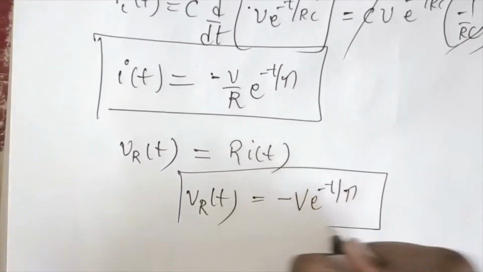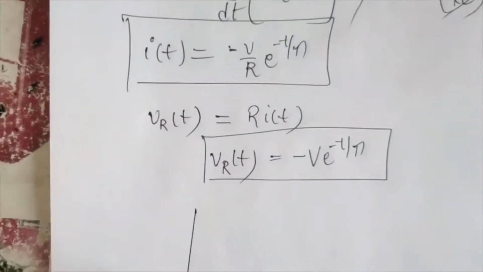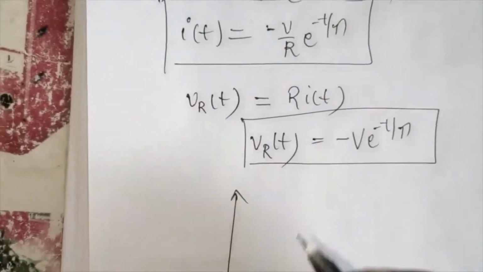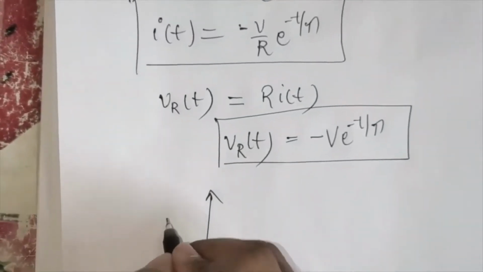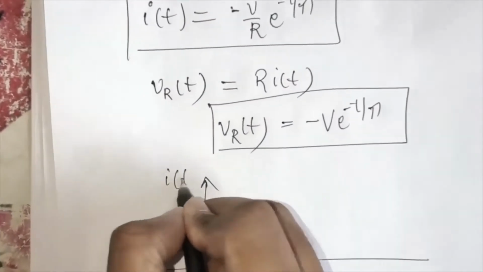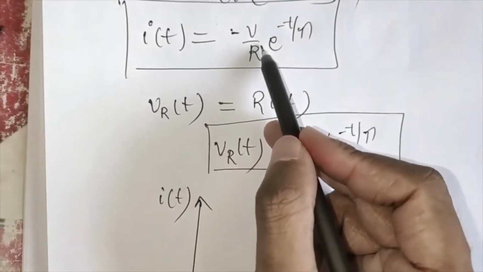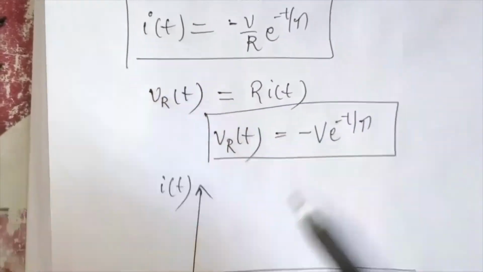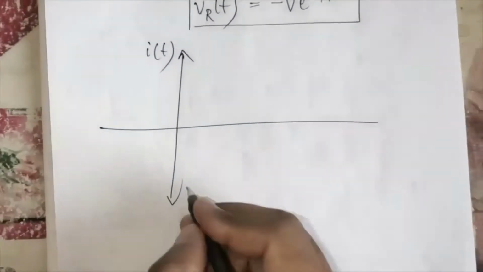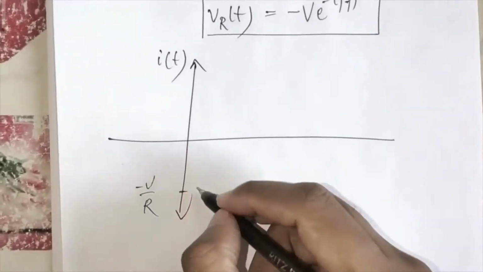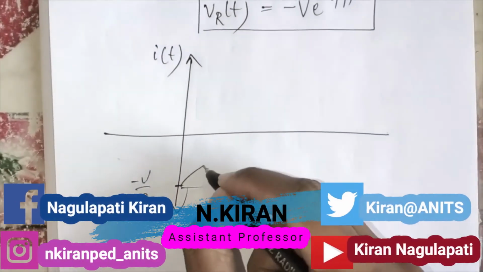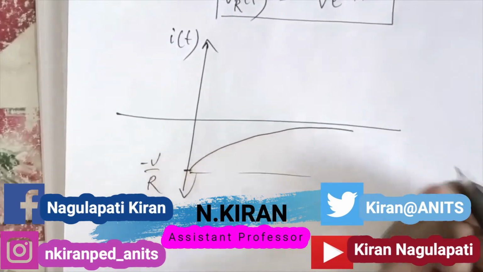If I draw the responses of VR as well as I of t, the steady state value is minus V by R. So if this is minus V by R, it is exponentially increasing to 0.